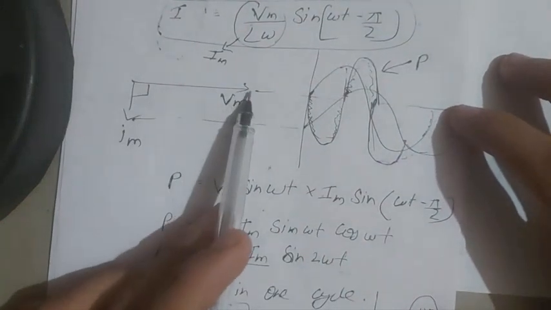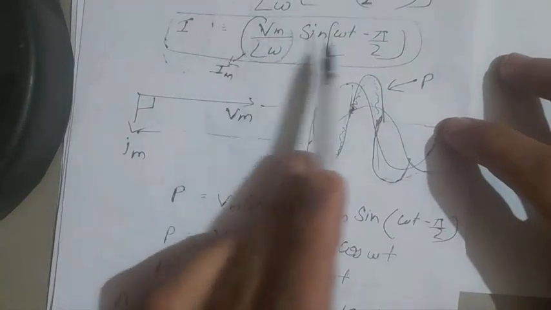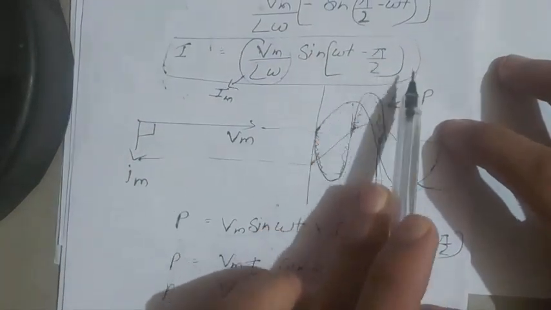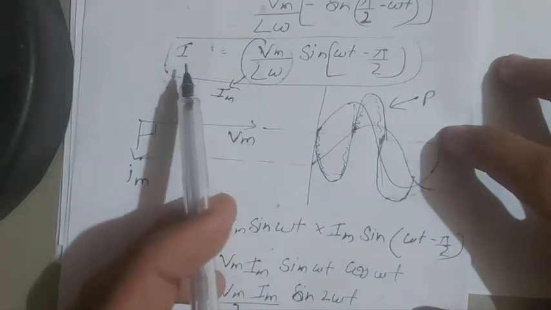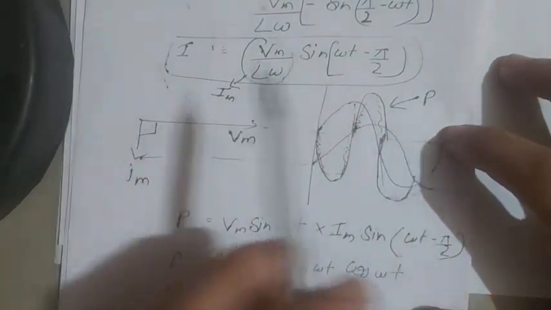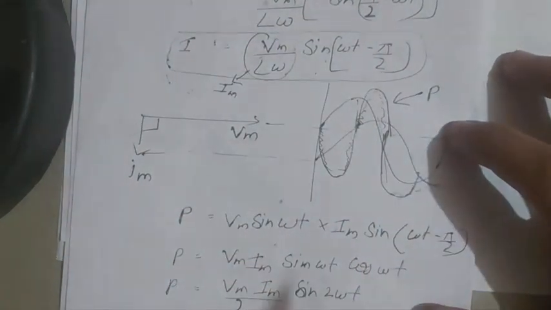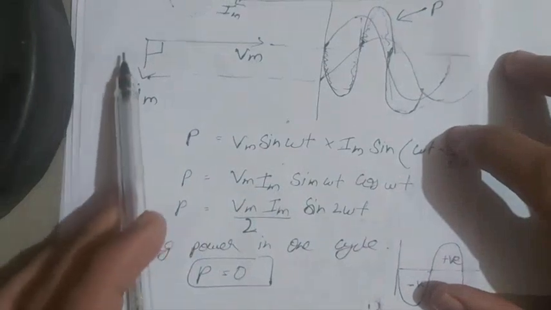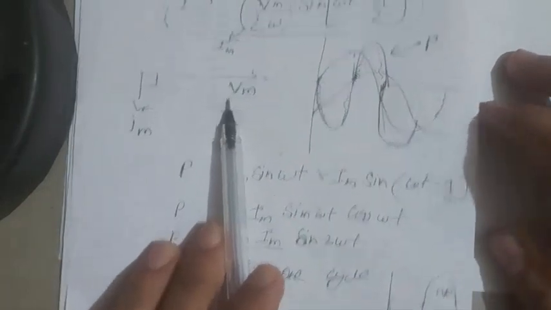This is the phasor for voltage and phasor for current, because the current is lagging by phase pi by 2. The voltage is V is equal to Vm sin omega t, but the current is I is equal to Im sin omega t minus pi by 2. So current is lagging behind by the phase difference pi by 2.